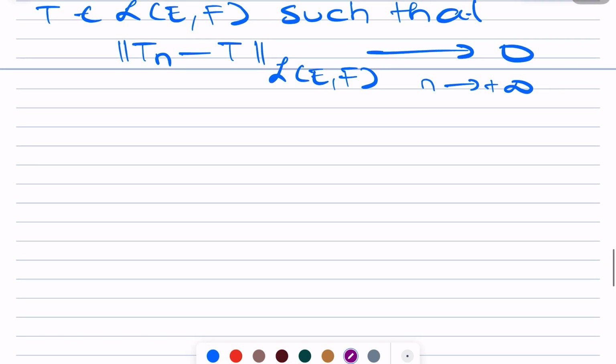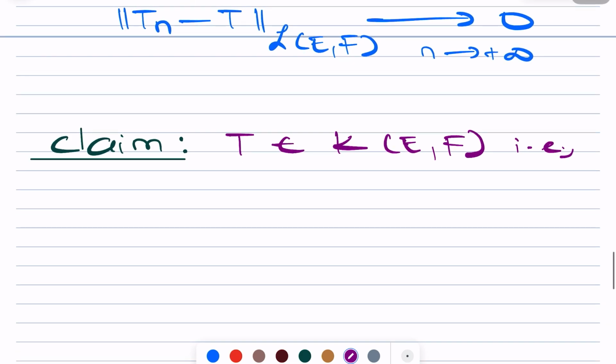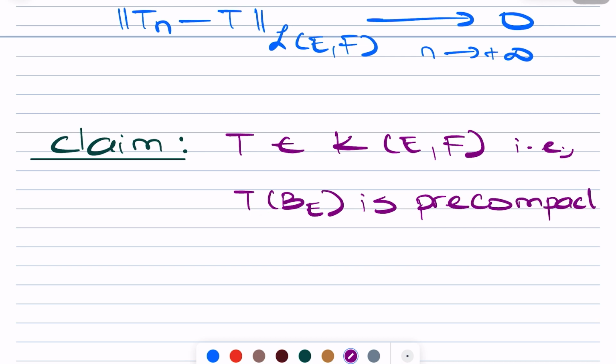So this is our claim: we claim that T is a compact operator. What we are saying is that the image of the closed unit ball is compact, which is also another way of saying that it is relatively compact.